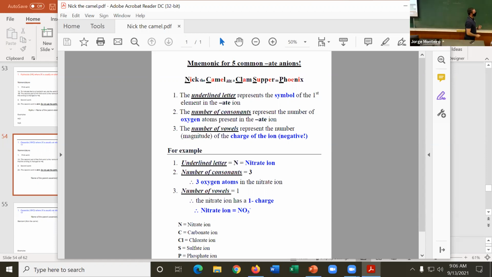The negative charge of the CO3 is exactly the number of vowels, in this case 2, so therefore 2 minus. The name of this oxoanion is going to be carbonate. Every time we have the oxoanion, we have to finish in ATE.